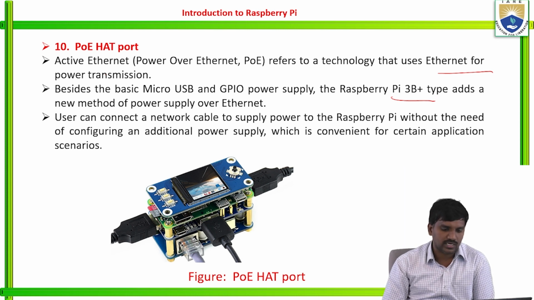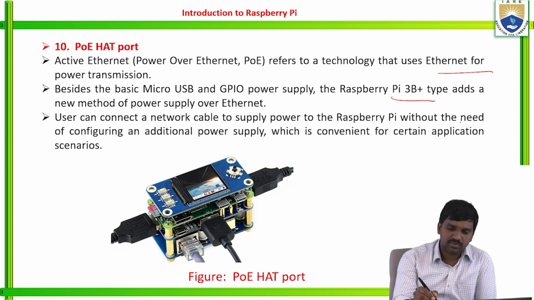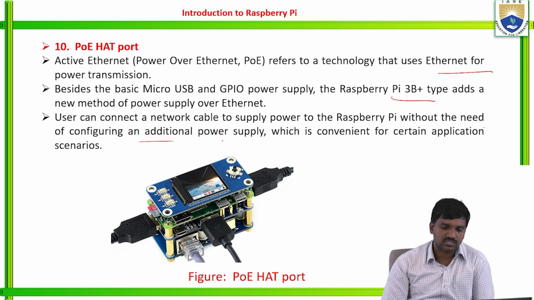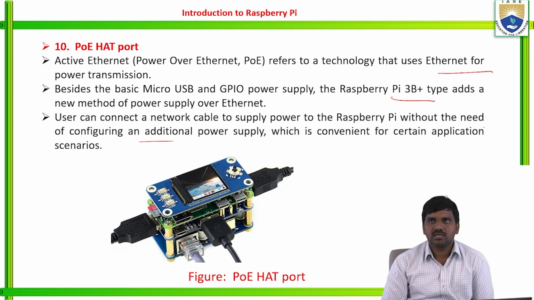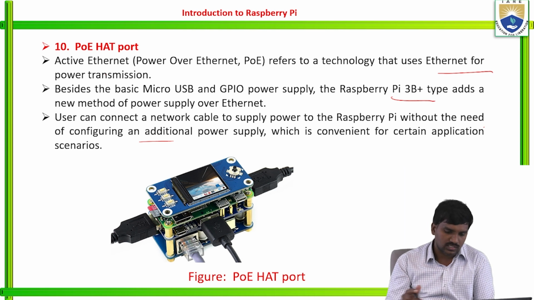You can connect a network power supply to the Raspberry Pi without the need for configuring additional power supply, which is convenient for a certain range of application scenarios. So this is about the PoE, power over Ethernet hat port. This is the real example, real images.